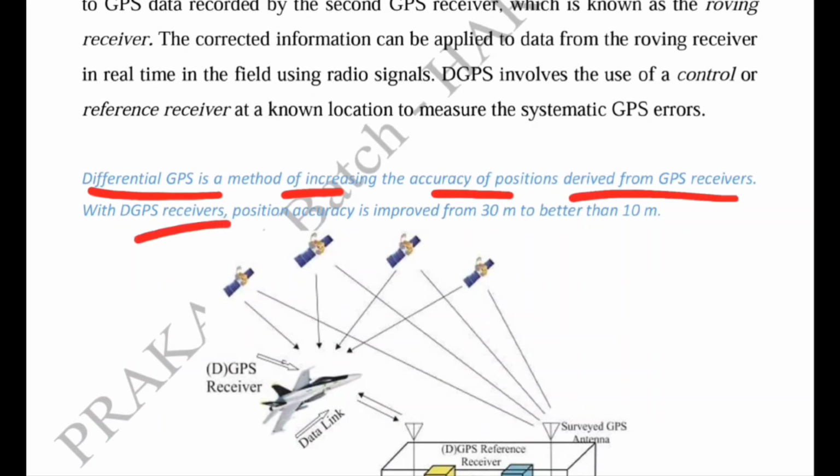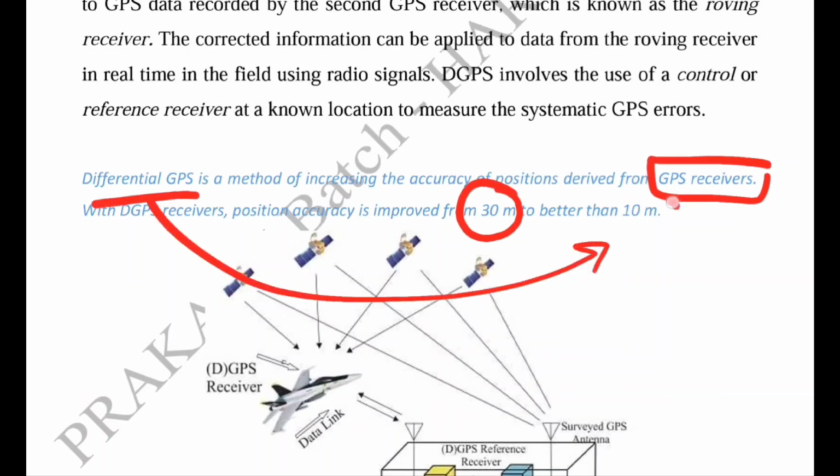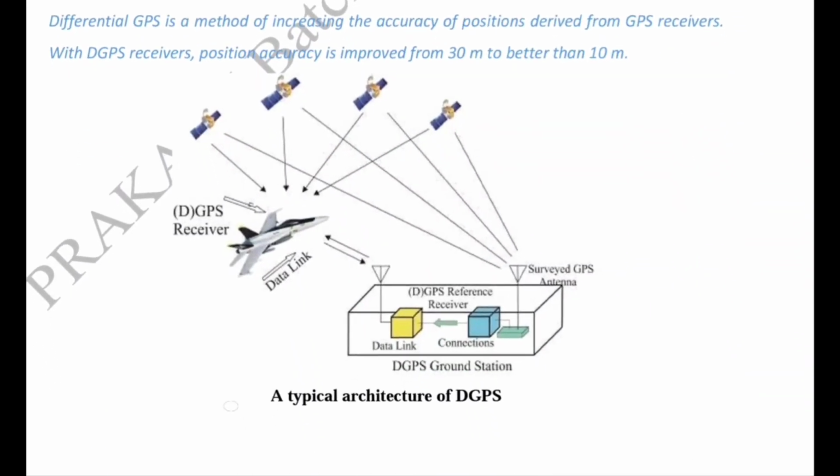With a DGPS receiver, the position accuracy is improved from 30 meter to better than 10 meter. So if we use only a single GPS receiver, then we can achieve only up to 30 meter accuracy. But with the help of DGPS, we can achieve 10 meter or less than 10 meter accuracy. So this is a technique basically.